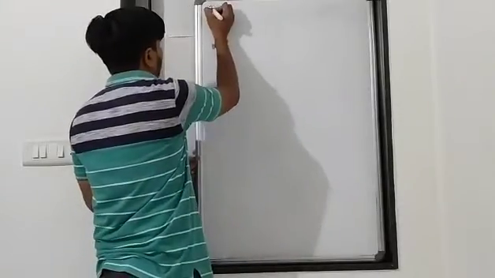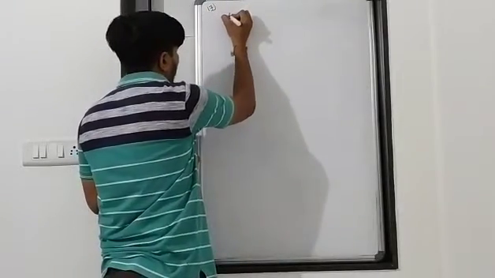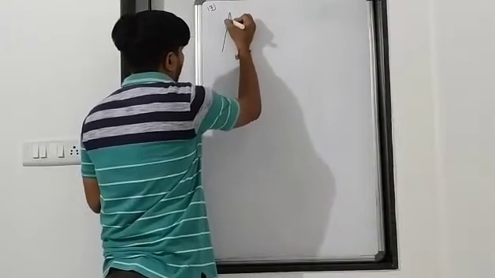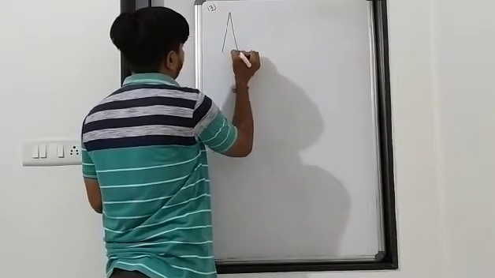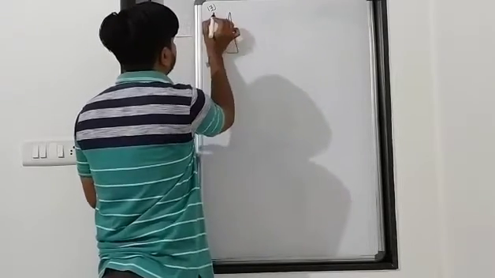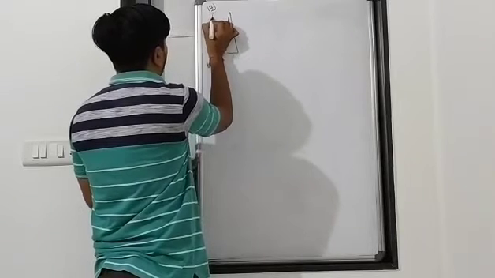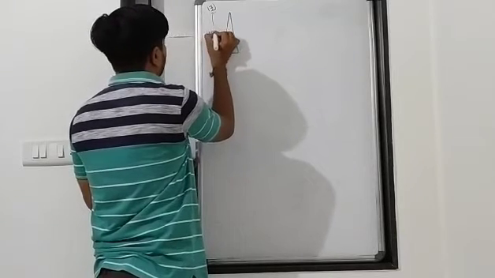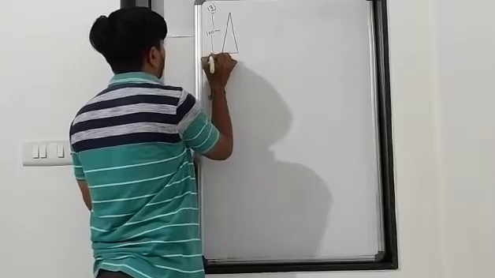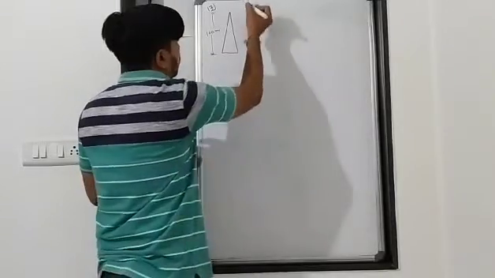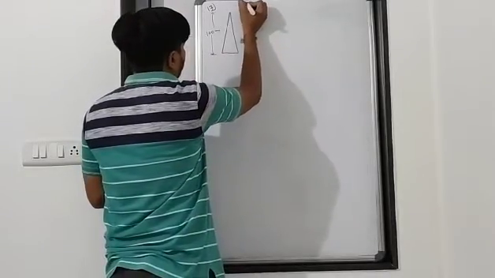So first of all, what is the question? There is a tower of 100 meter in height. Then one stone is moving in a downward direction.